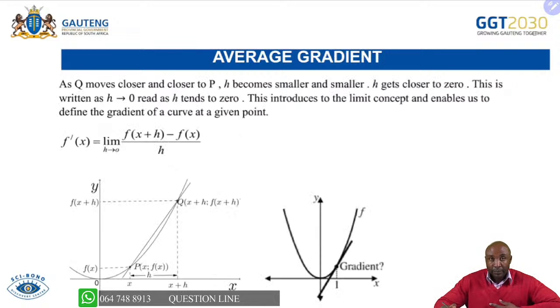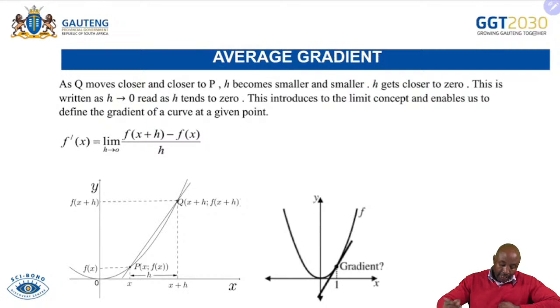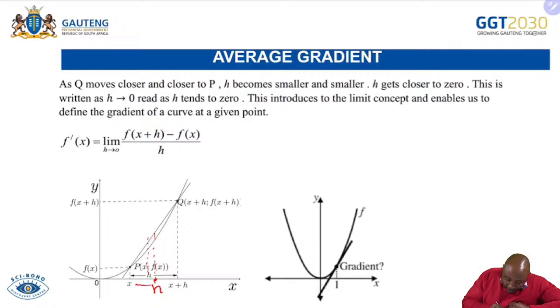Now, you will realize that if we make this distance h, for example, if our h is there, you are able to see that our point x plus h becomes closer to x.